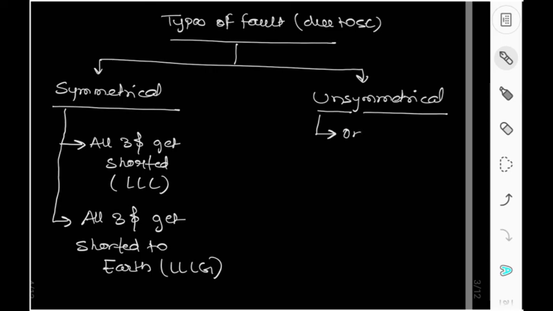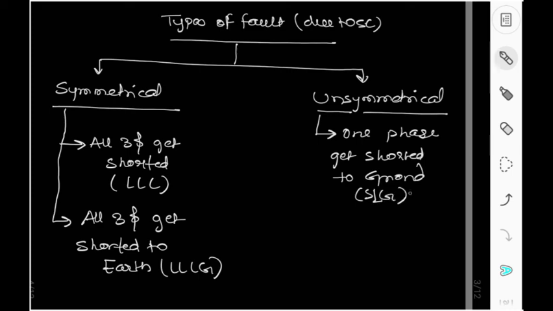Under unsymmetrical fault, if one phase gets shorted to ground, that is single line to ground. Next is if two phases get shorted.